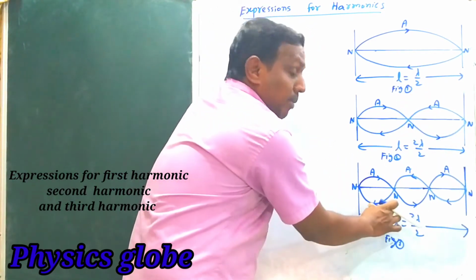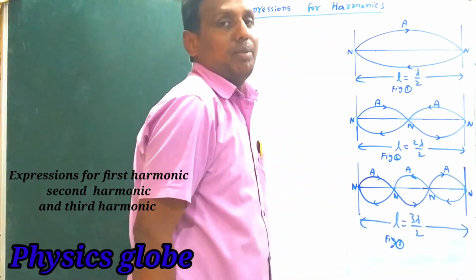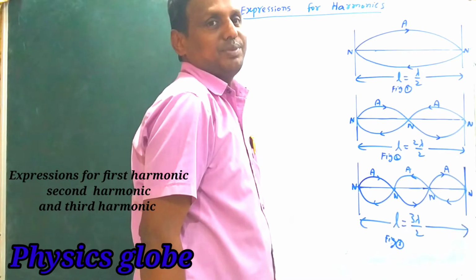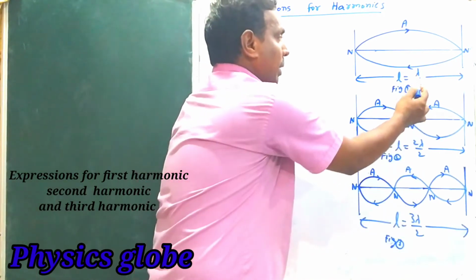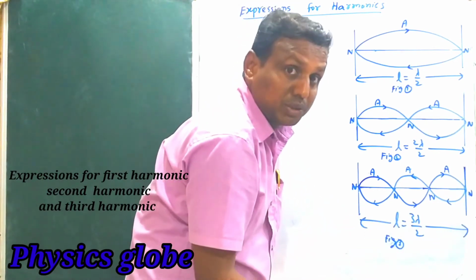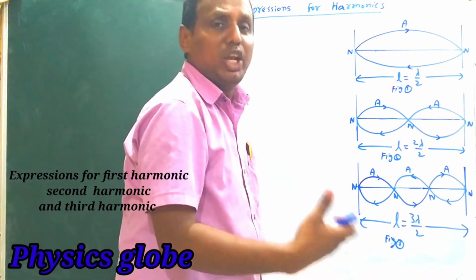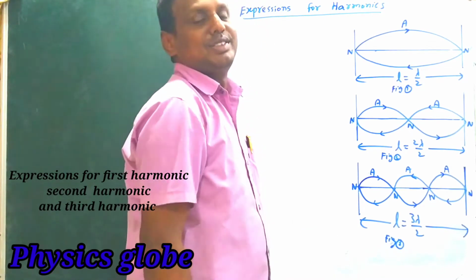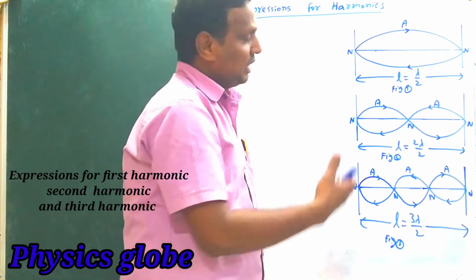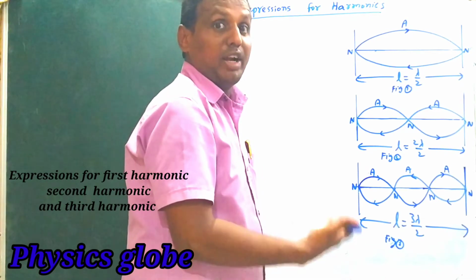In this case, lambda by 2 plus lambda by 2 plus lambda by 2, totally 3 lambda by 2. So L equal to lambda by 2, 2 lambda by 2, 3 lambda by 2. If we take 4 loops, we get L equal to 4 lambda by 2. If we take 5 loops, L equal to 5 lambda by 2. It can continue like that, depending upon different modes.